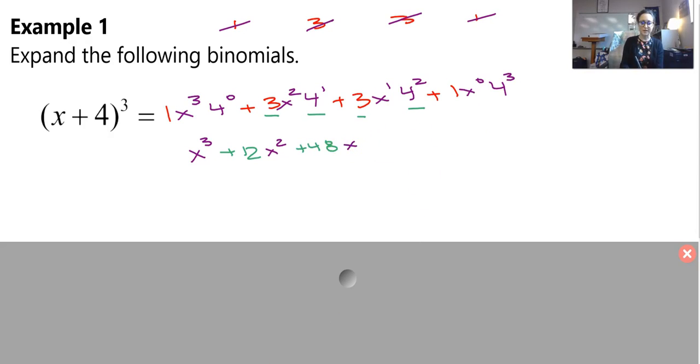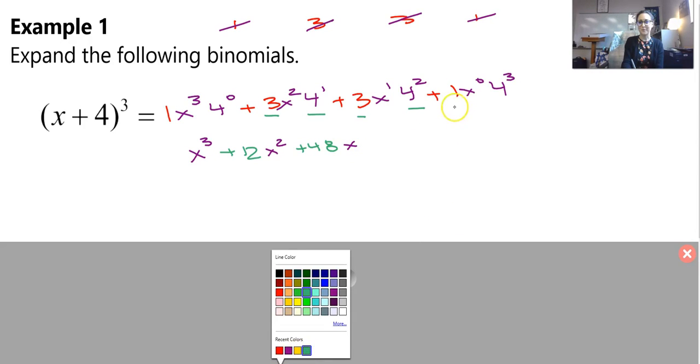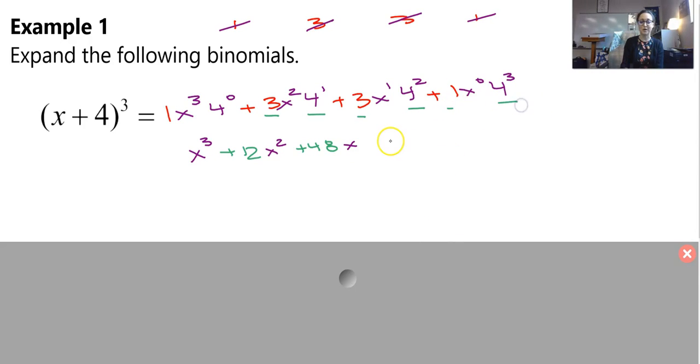And then we've got 1 times 4 cubed. 4 cubed is 64, so I've got 64. X to the 0, which is 1, so I don't need to write that. So that is my binomial expanded all the way in descending order.